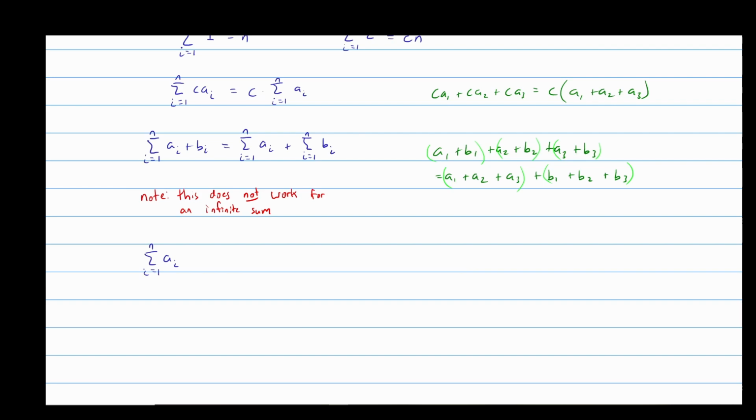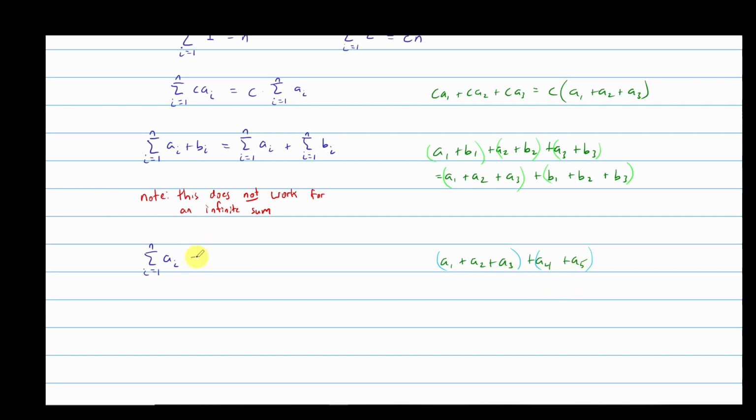And again, I'm going to write out an example, maybe just adding up 5 terms. Suppose we have a1 through a5. And let's suppose that for whatever reason, I want to group the a1 through a3s as one group of stuff, and then a4 and a5 as another group of stuff. Well, I could write this as a sum from 1 to 3 plus the sum from 4 to 5.